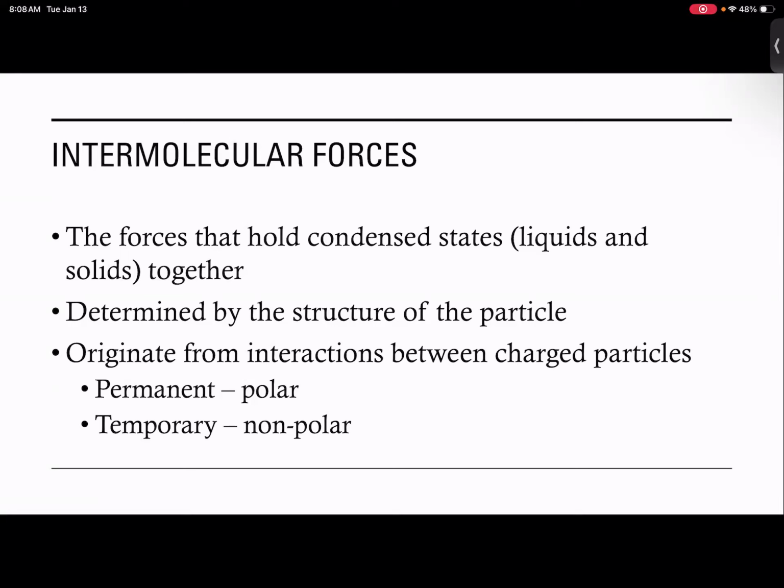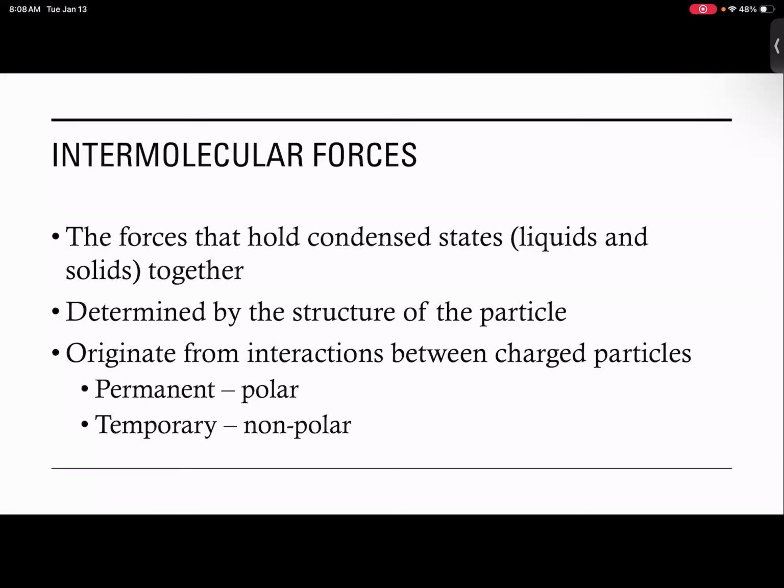Now, intermolecular forces originate from interactions between charged particles, meaning that you have a dipole of some sort, meaning you've got one end that's positive and the other end that is negative in the molecule. Now, you can have a permanent dipole. Permanent dipoles occur in ionic compounds where you have a cation, which is permanently positive, and an anion, which is permanently negative.